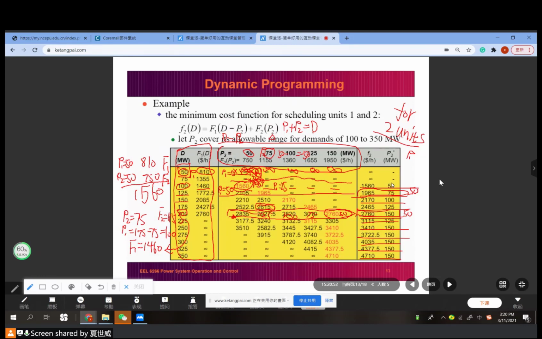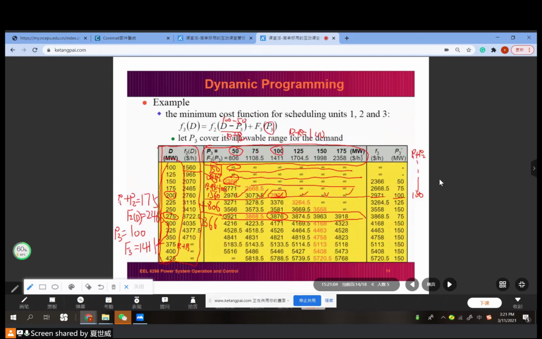It means that generator P2 equals 50, and P1, of course, also 50. For this solution, P2 equals 50 and P1 also equals 50.